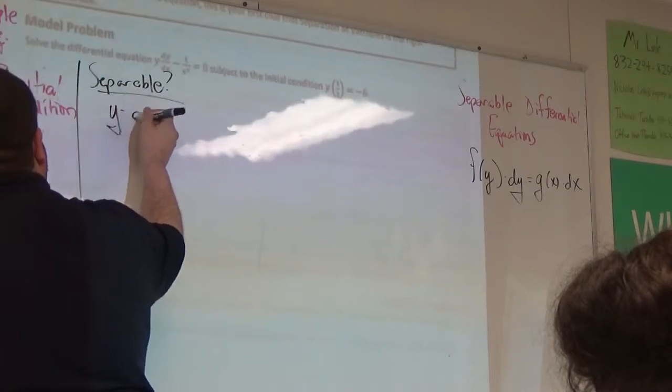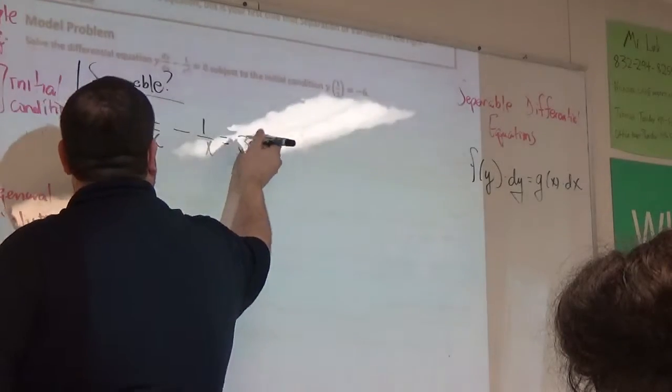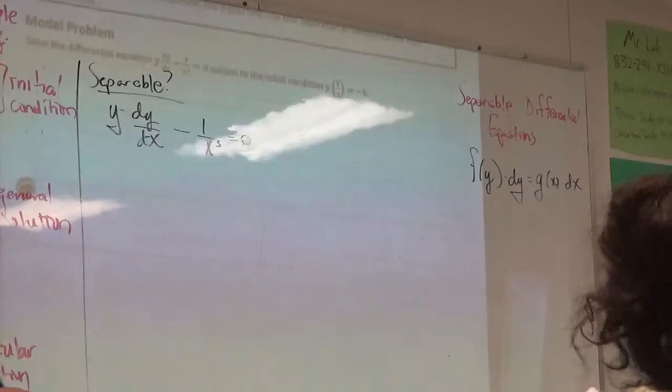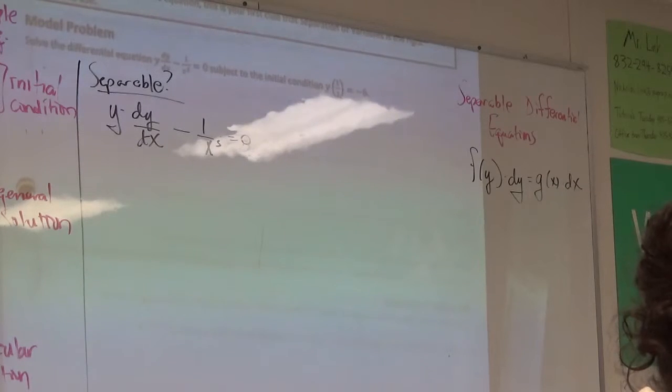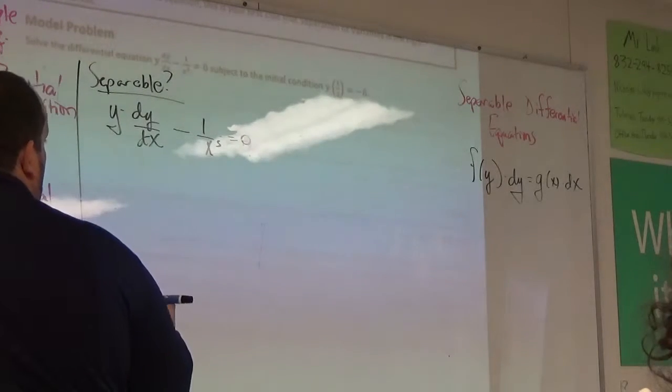So the first question is, is this actually separable? We've got y times dy/dx minus 1 over x cubed equal to 0. I want to do legal algebra so that all the y's and the dy's are on one side, all the x's and dx are on the other. Edgar, give me something legal.